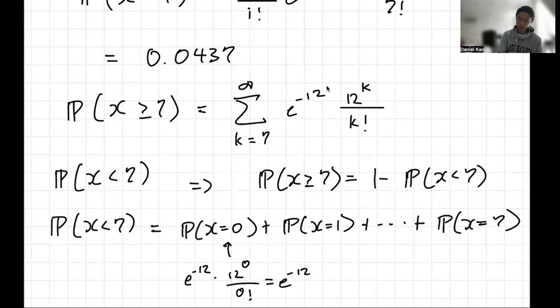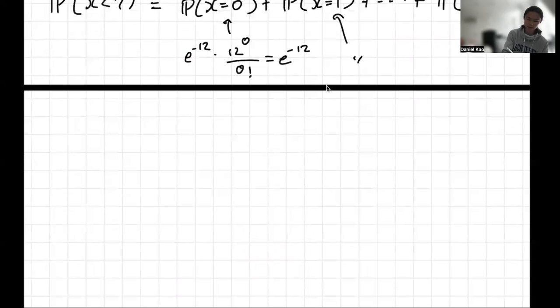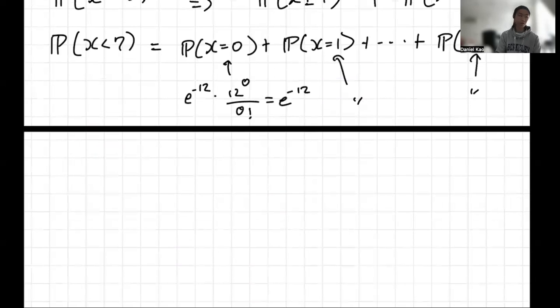And same thing for the rest. In the end, you can compute the final number, but that's how you would find this answer. Both these formulas will take you there.